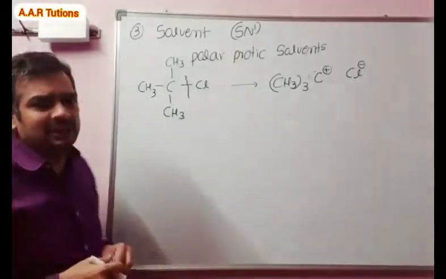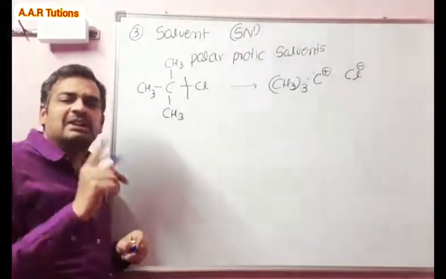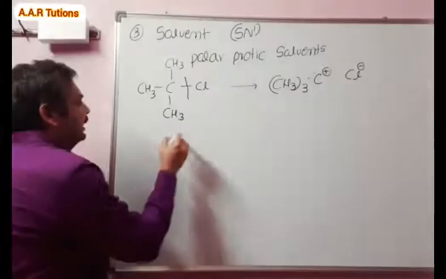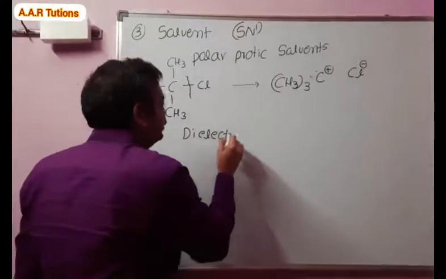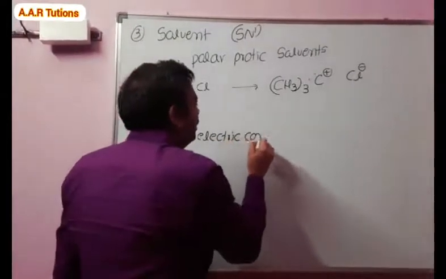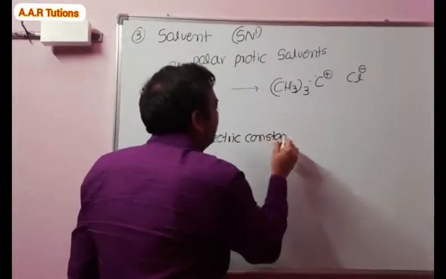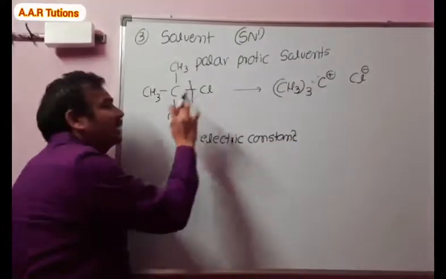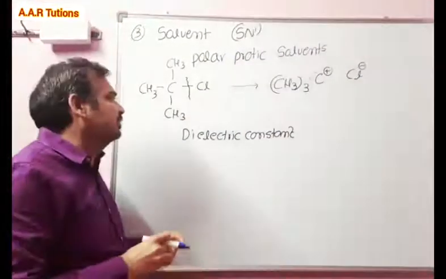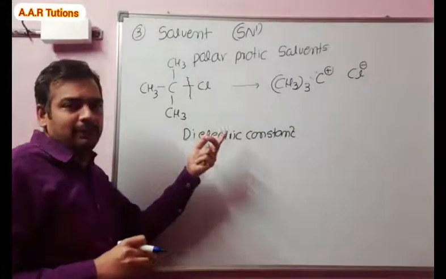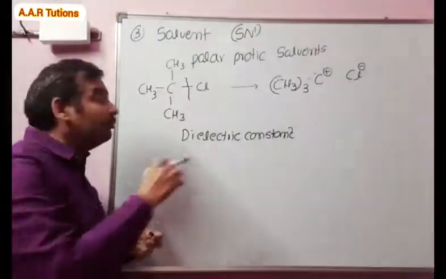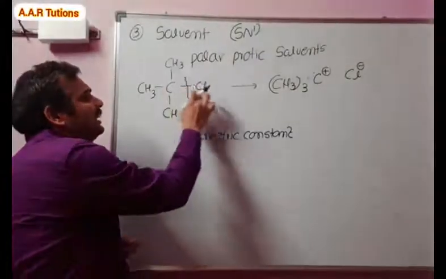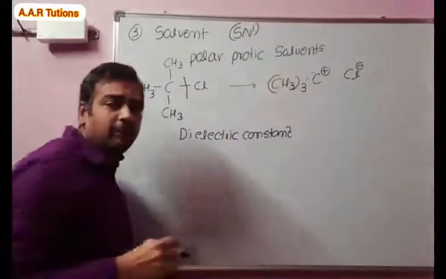Among the polar solvents, the solvents which have a high dielectric constant can readily polarize the C-Cl bond. Suppose the solvent has a higher dielectric constant, it immediately cleaves the C-Cl bond, so that will give the carbocation.